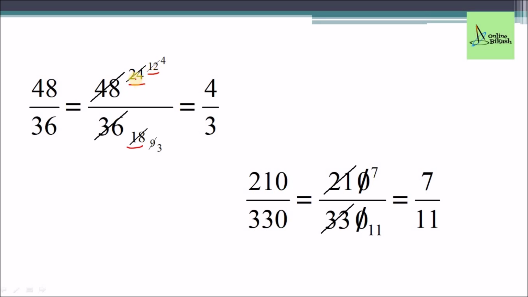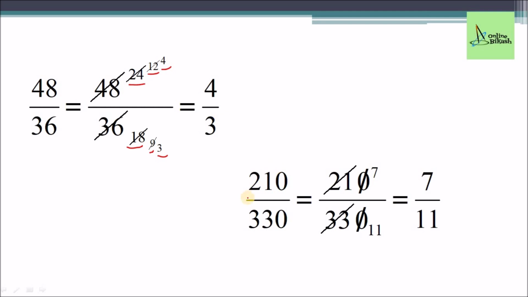So 2 1s are 2, 2 2s are 4, 12. And if you divide this 18, 2 9s are 18. So in this case we have got 12 and 9. But wait, 12 and 9 also can be divided by 3. So 3 4s are 12 and 3 3s are 9. So finally what we have got, 4 by 3 as our answer. Now we cannot divide it further.